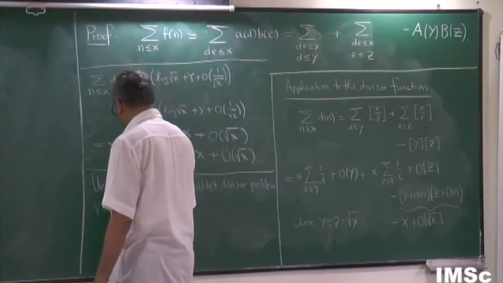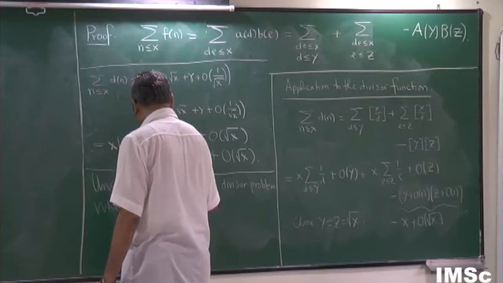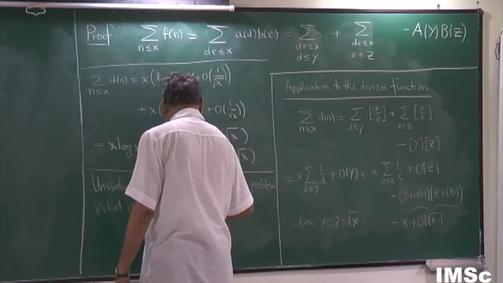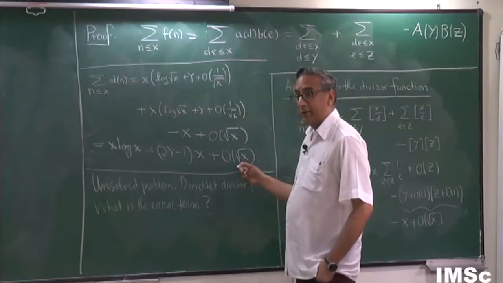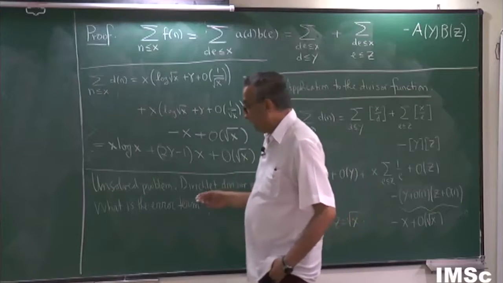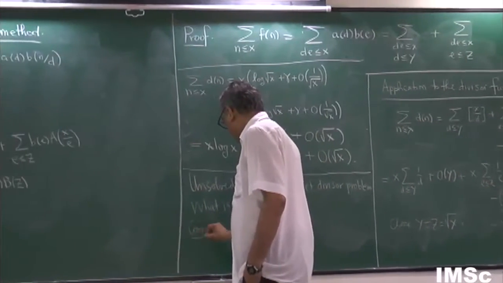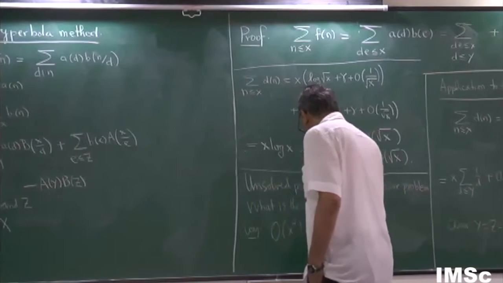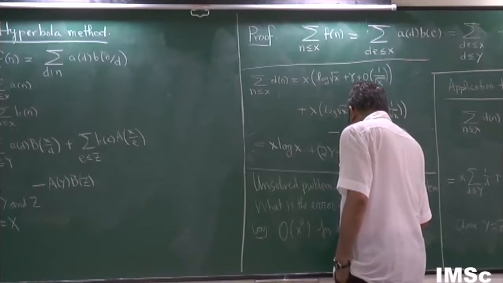That's the unsolved problem. You have an error term here of x to the half. The conjecture is the error term is O of x to the theta for any theta bigger than a quarter.